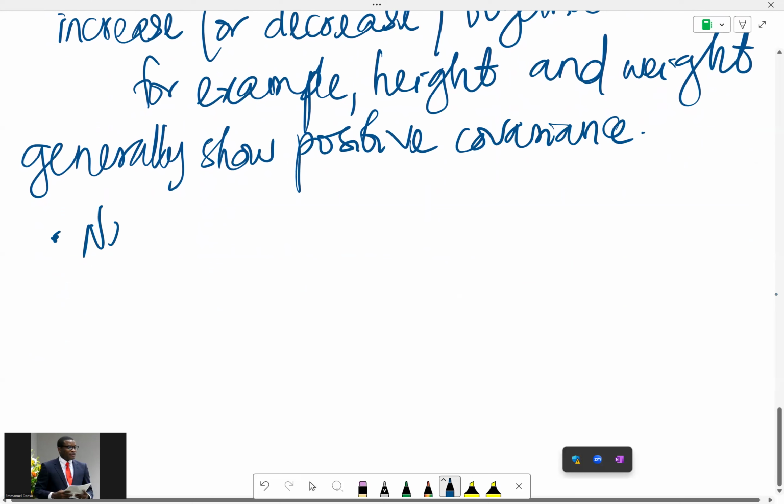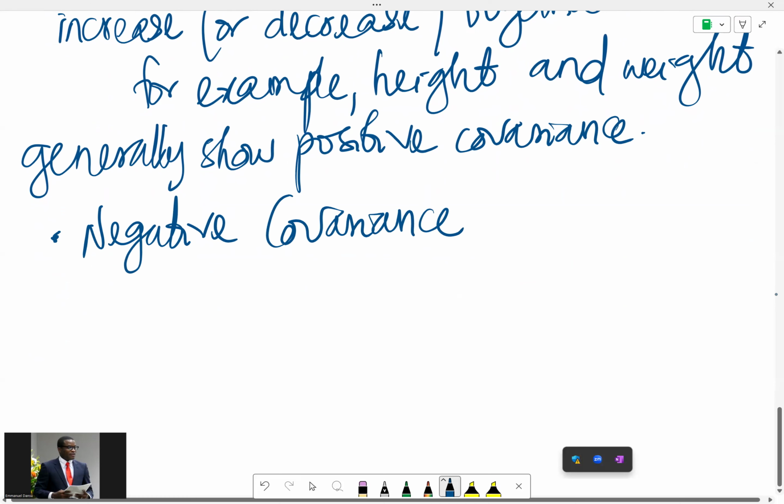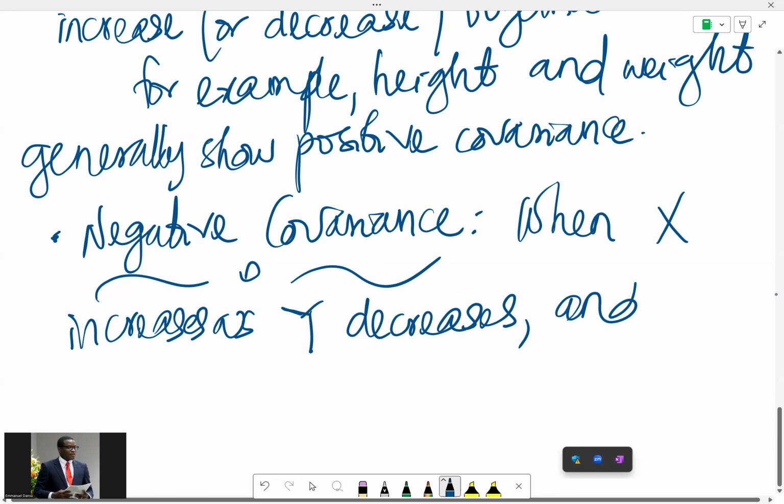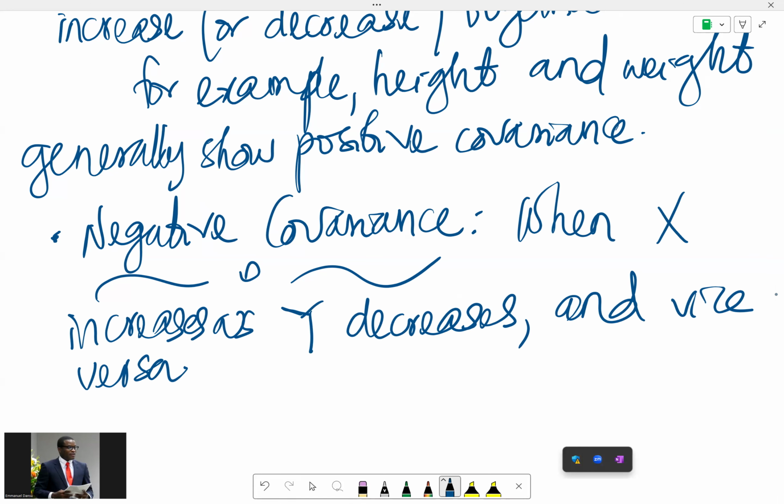Then we have negative covariance. For negative covariance, as you can imagine already, that is when x increases as y decreases, and vice versa. So if they are moving in opposite directions, x increases, y decreases, or x decreases, y increases.